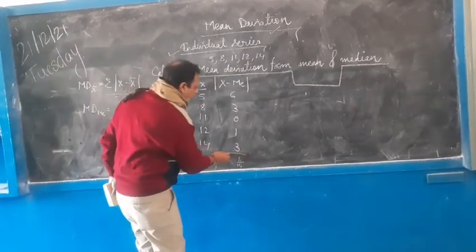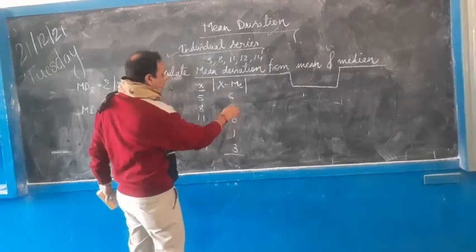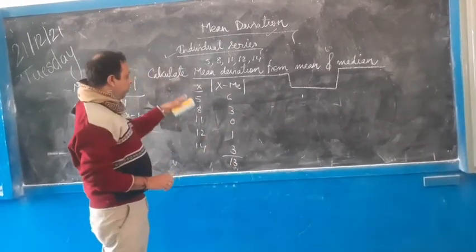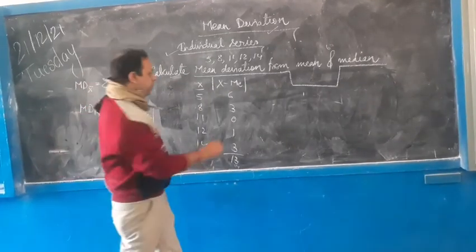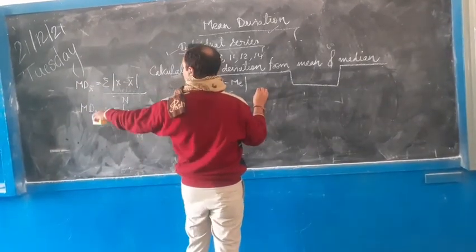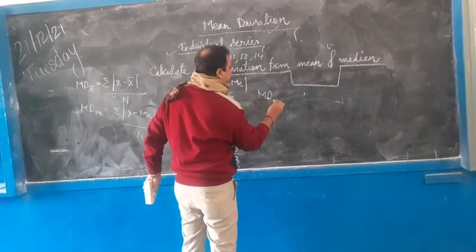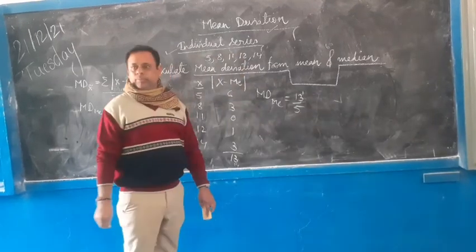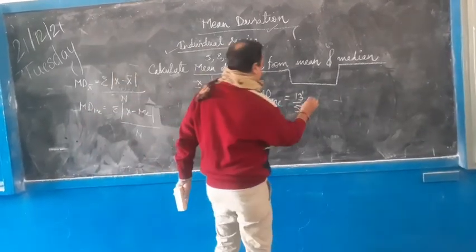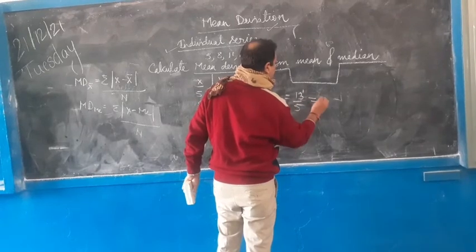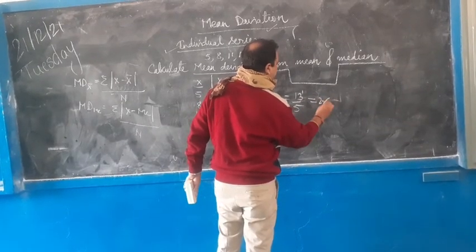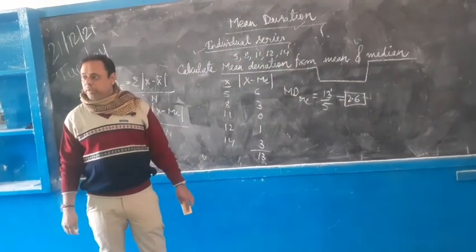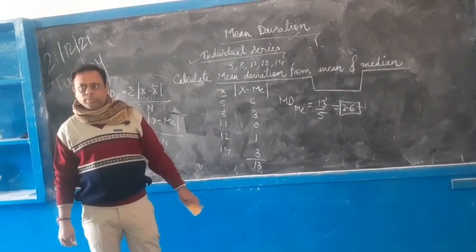So the summation of x minus median will be 6, 3, 0, 1, 3, which is 13. The number of observations is 5, so mean deviation from median will come 13 upon 5. The value here is 2.6. So the mean deviation from median is 2.6. Understood? Got it?